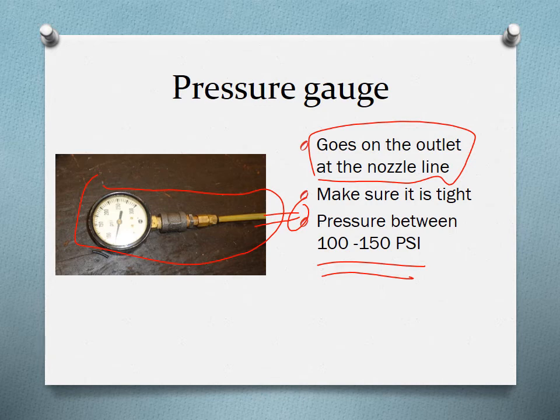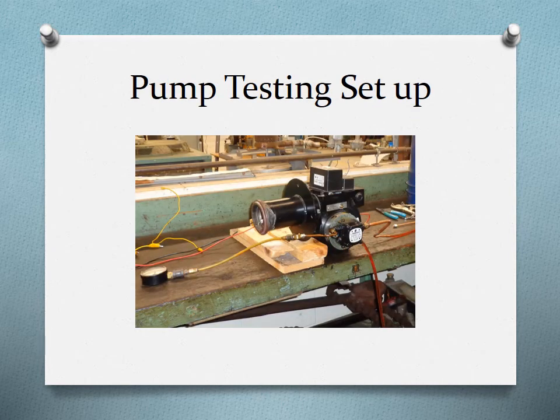So in the shop, I have this setup for you to try to diagnose a pump. This is my oil inlet coming in, and you can see I connected some clear tubing so you can see the oil coming in. And this is my nozzle line.